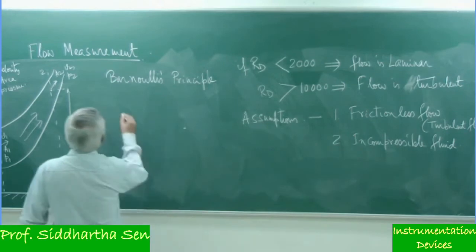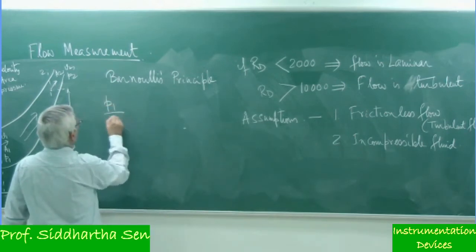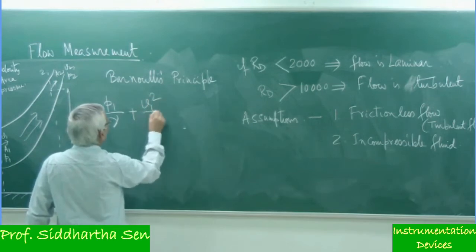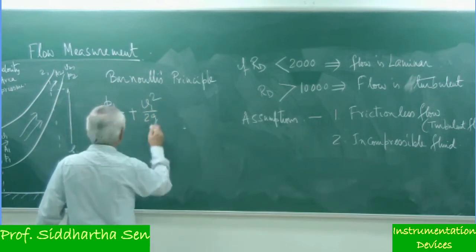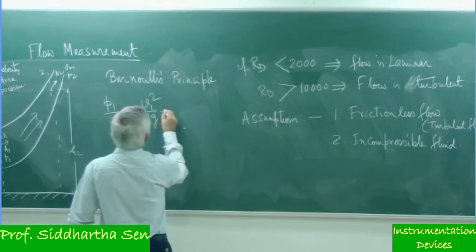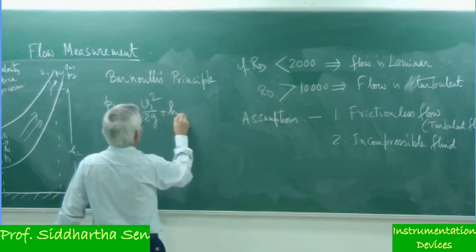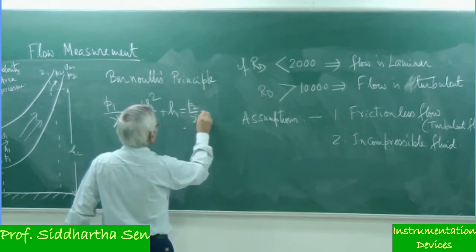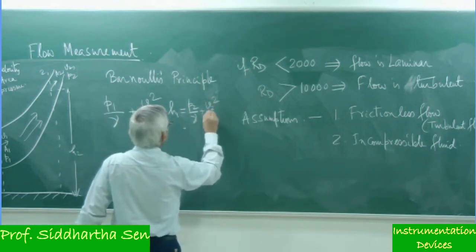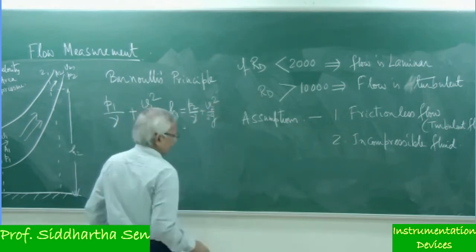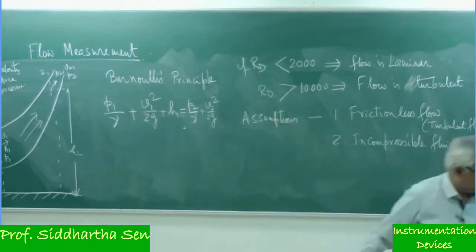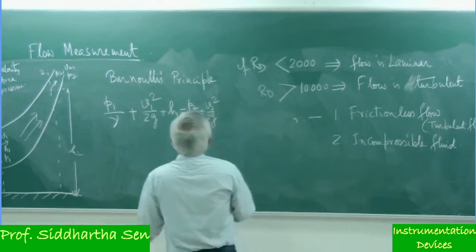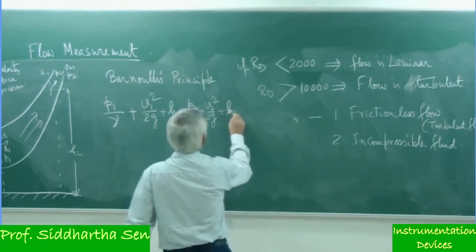So P1 by gamma plus V1 square divided by 2G plus H1 is equal to P2 by gamma plus V2 square divided by 2G plus H2.